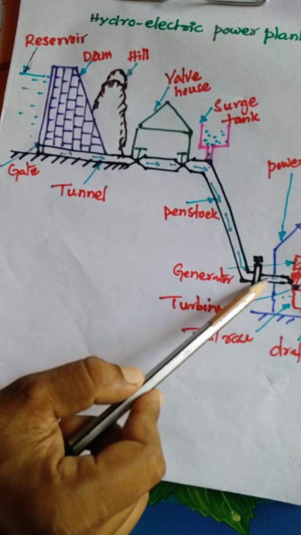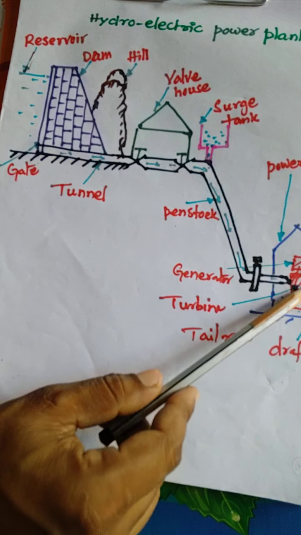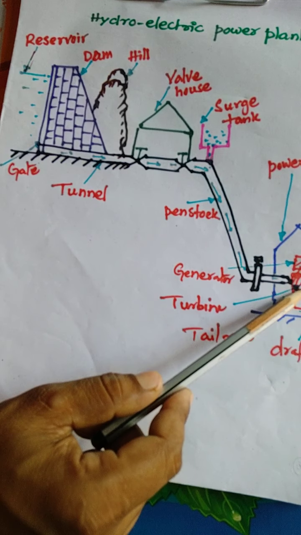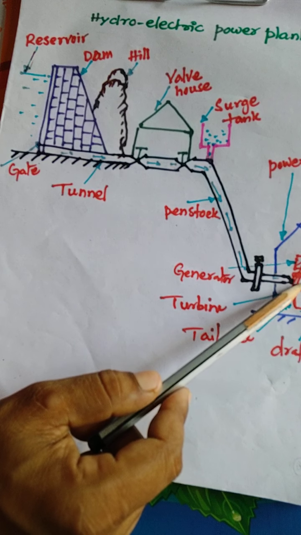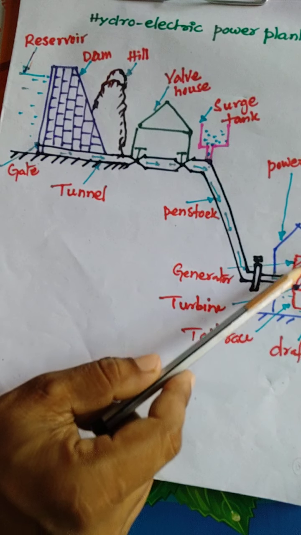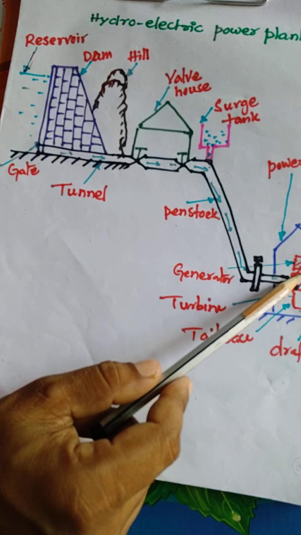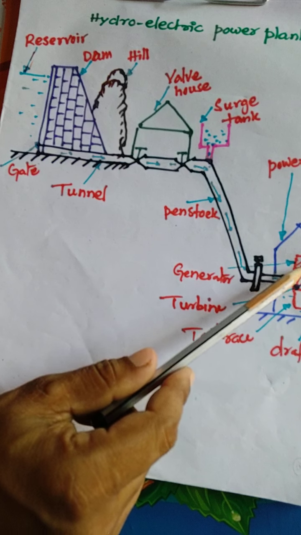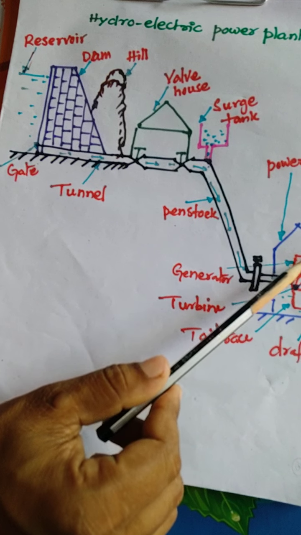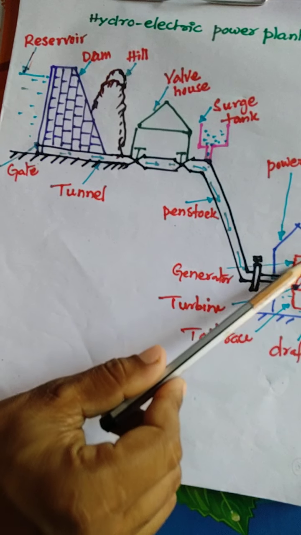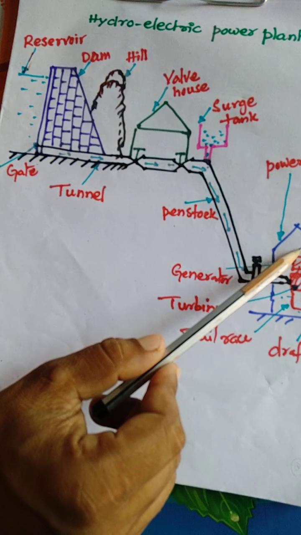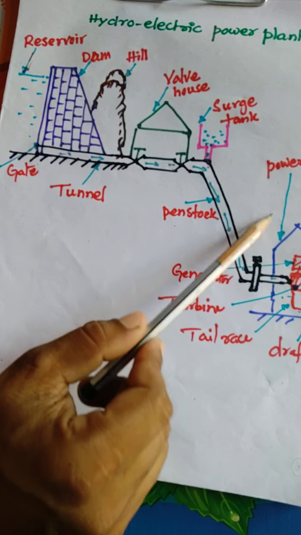The water's pressure energy is imparted to the turbine, and the turbine is connected to the generator, so its shaft rotates inside the generator, and due to the magnetic effect, magnetic fields, electricity is generated at the generator.